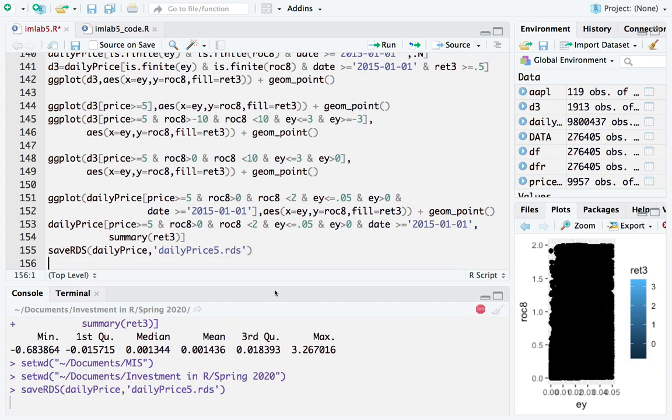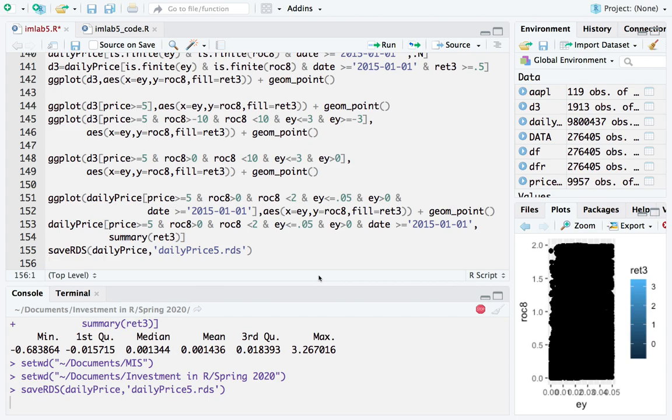Click save. Notice it's taking its time. Daily price is already a data table, so that file is being written to my hard drive.